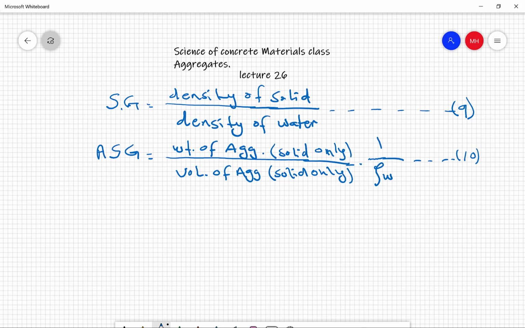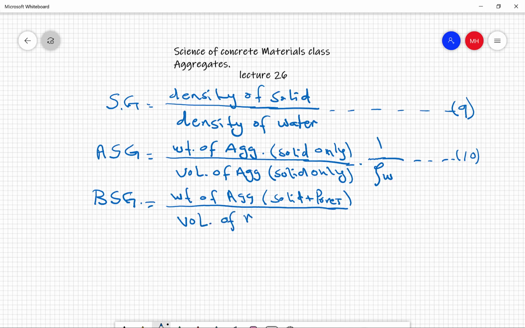It's written as follows: the bulk specific gravity equals the weight of the aggregate, which is solid plus pores, over the volume of aggregate, which is solid plus pores, again multiplied by 1 over the density of water. Let's call this equation number 11.